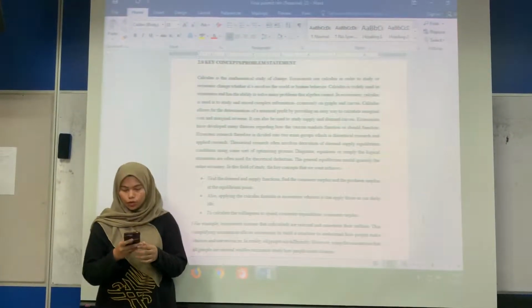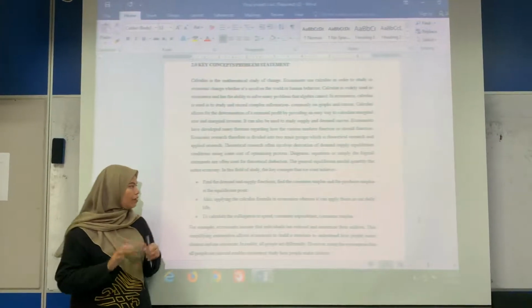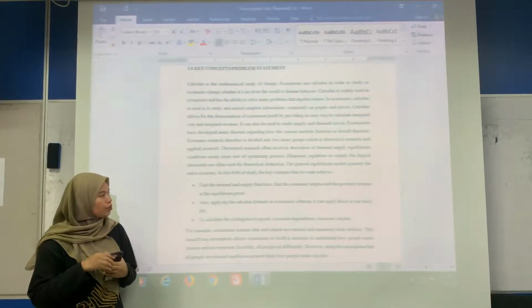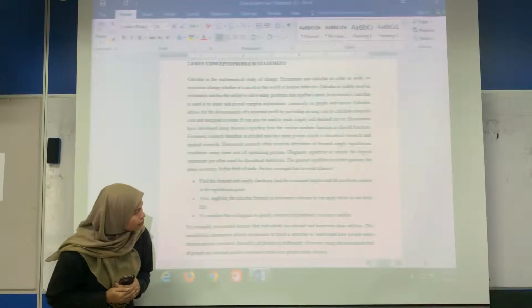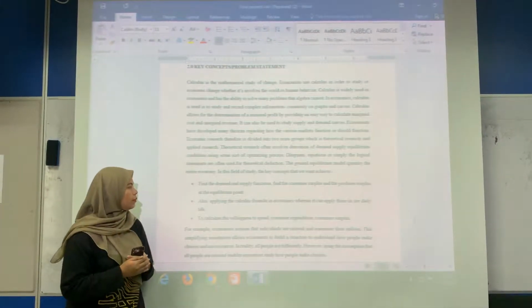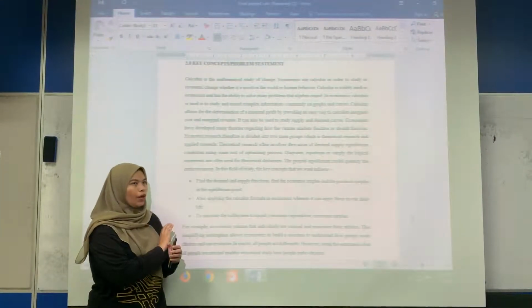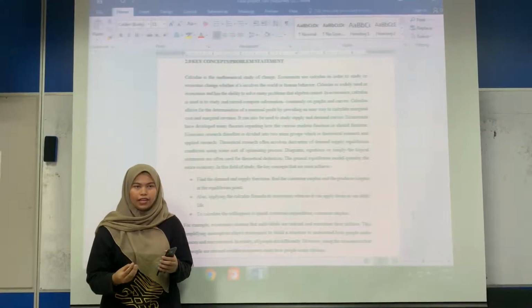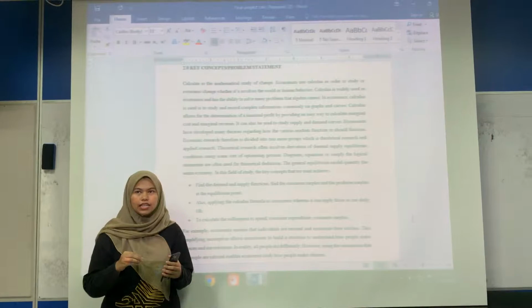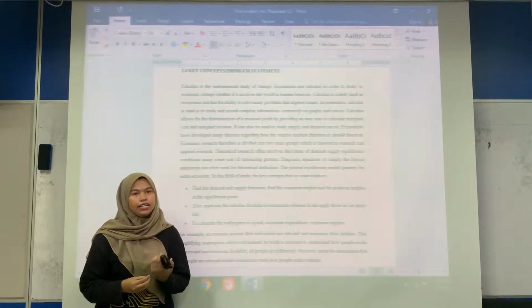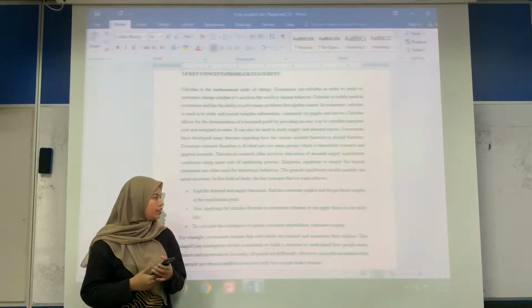First, we want to find the demand and supply function, and also find the consumer surplus and the producer surplus at the equilibrium point. In this key point, we know that our project is the application of calculus in economics.